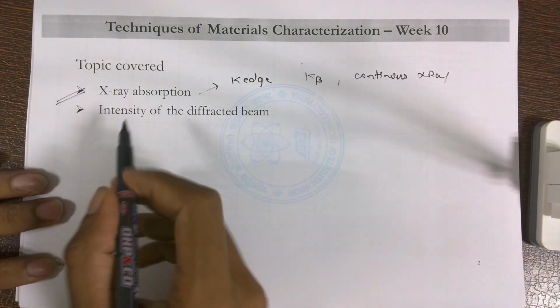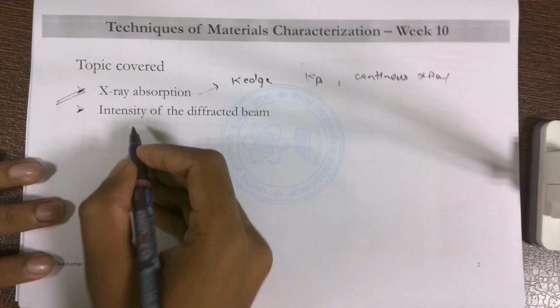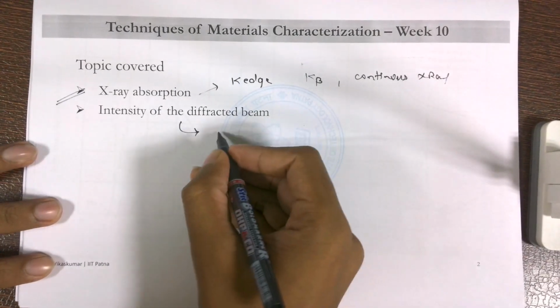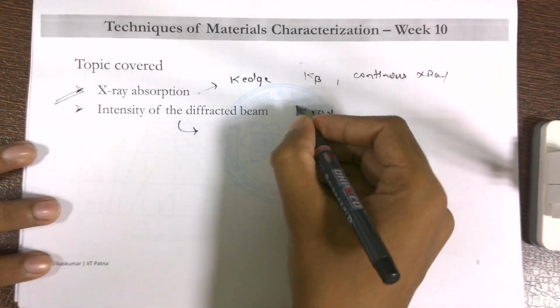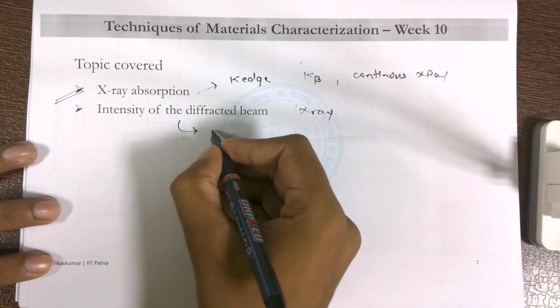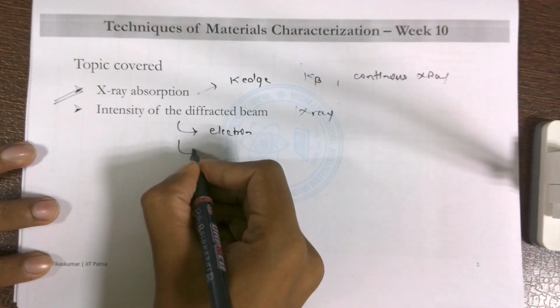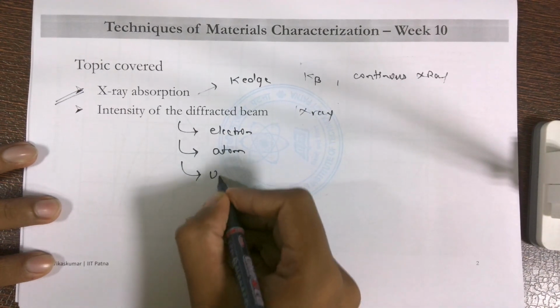Next, we discussed the intensity of the diffracted beam, which depends on how the incoming X-ray is going to interact with the electron, then how it is going to interact with an atom, and then how it is going to interact with a unit cell.